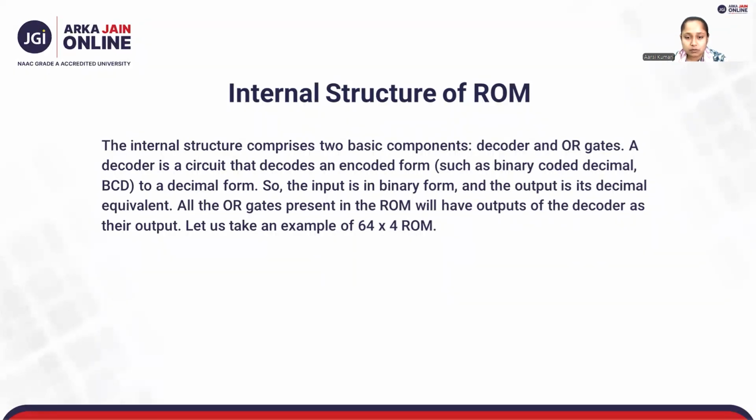Let us take the example of a 64 by 4 ROM. The structure of this read-only memory consists of 64 words of 4 bits each. So there would be 4 output lines, and one of the 64 words available on the output lines is determined by the 6 input lines, as we have only 6 inputs because in the ROM we have 2^6 equals 64.